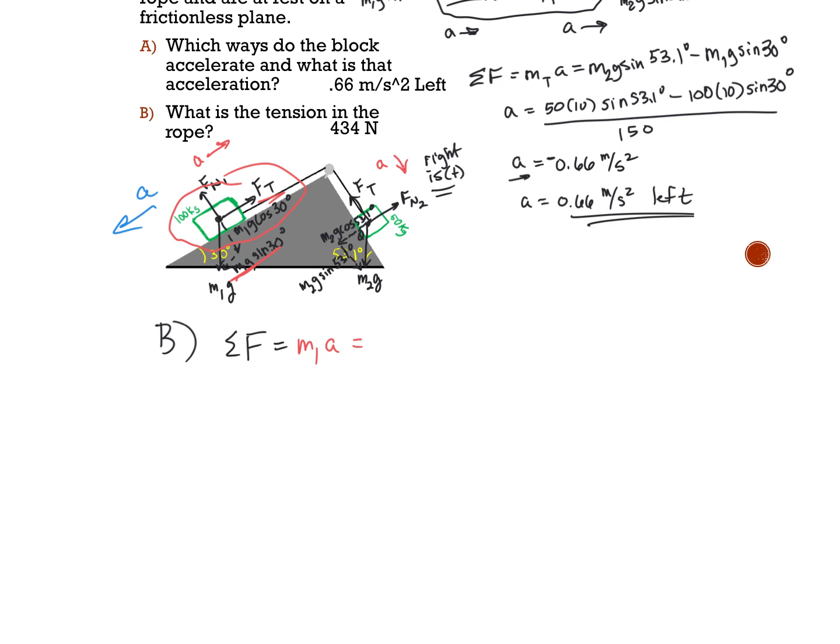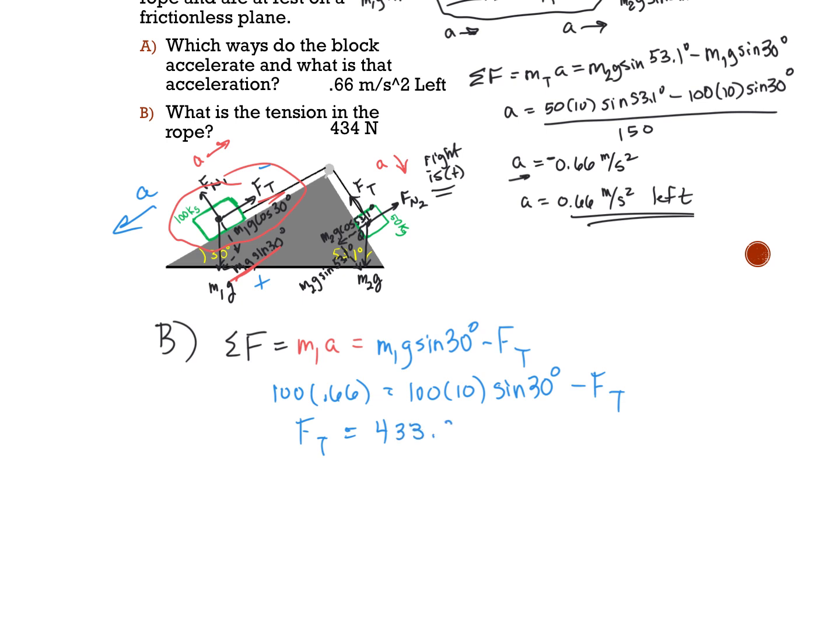So that is m1g sine 30 degrees, which is positive, minus the force of tension. So m1 is 100 times 0.66 equals 100 times 10 times the sine of 30 degrees minus f sub t. So f sub t ends up equaling about 433.3 newtons when you do the math.